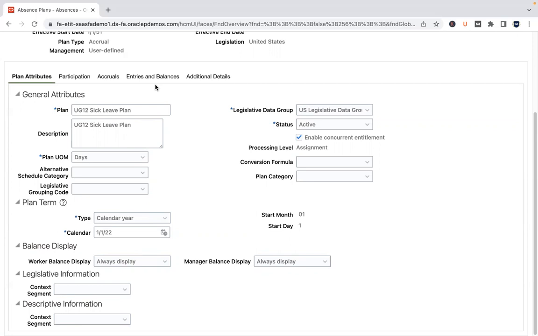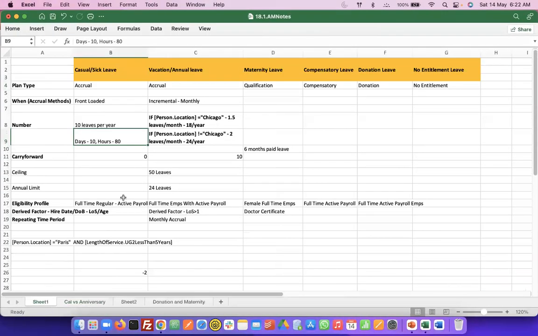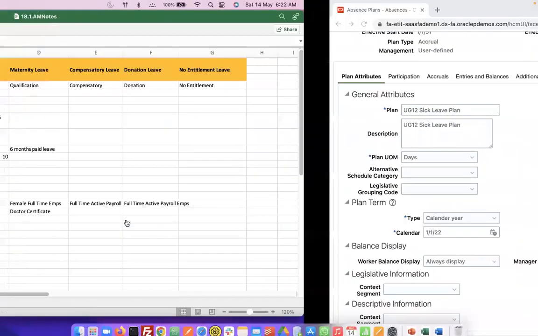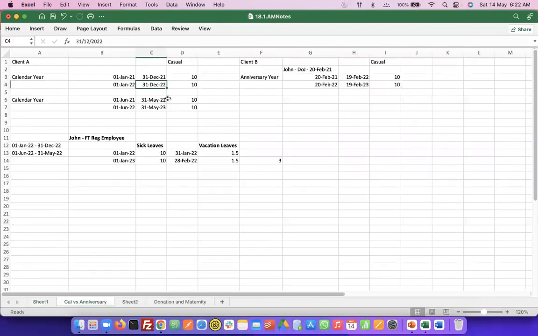Okay. And for this particular leave plan, we need to front load 10 leaves per year to the employee account, irrespective of the person profile, right? So since we are following the calendar year, what would happen? Every year on 1st of January, 10 leaves will be added to the employee account.